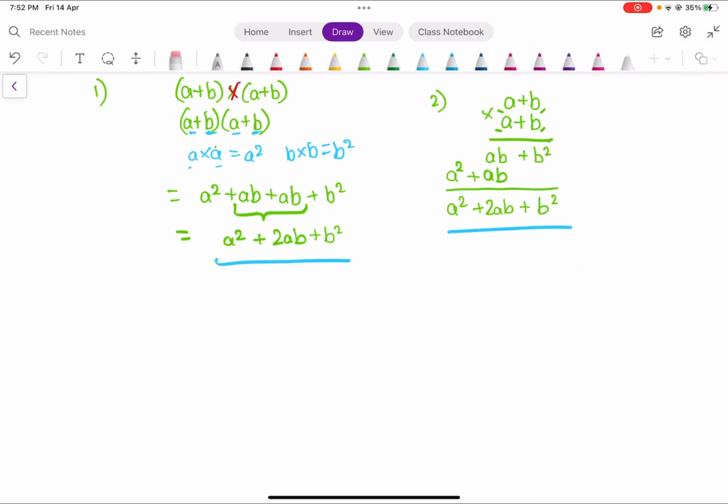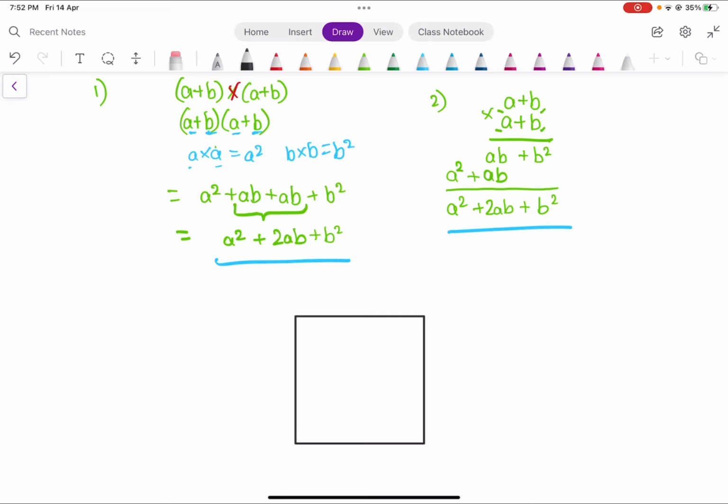So over here, I have a square. This may not be a perfect square, but let's just say it is.